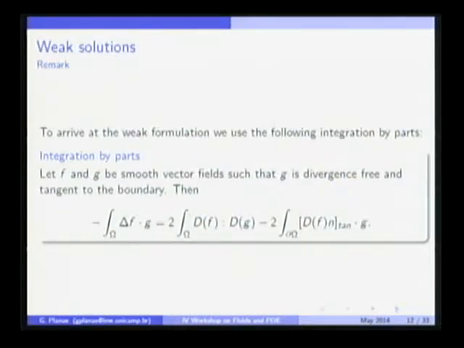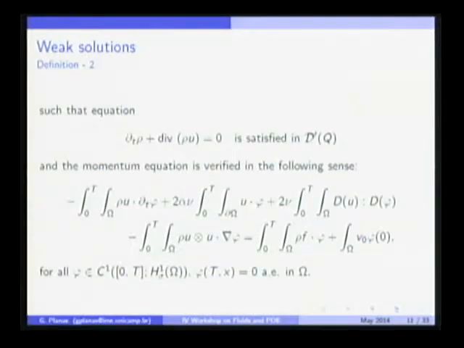The Laplacian times g, using that D of f is symmetric and that it is divergence free, we integrate by parts, we have this boundary term, and we use the Navier boundary condition to replace this term with the information of u. This is the reason this boundary condition appears here, with the alpha coefficient in that place. The other terms are usual: the nonlinear term, the external force, and the information about the initial momentum.